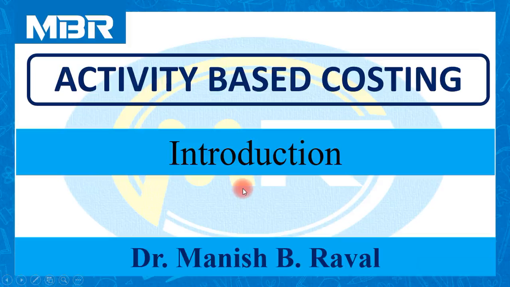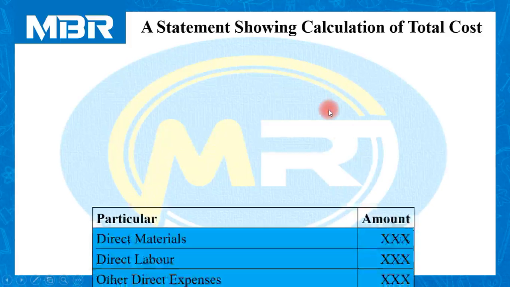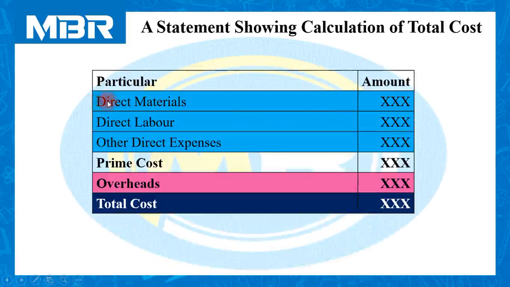Before understanding all about activity based costing, it is necessary for us to understand the structure of the cost. When we imagine a cost sheet, the first and foremost element that comes to our mind is direct materials, then direct labor, and then other direct expenses.